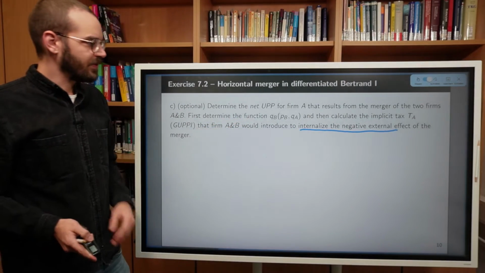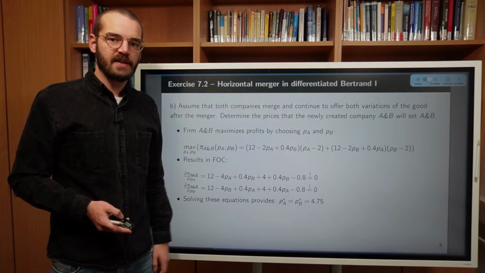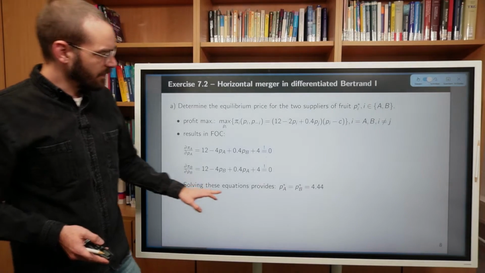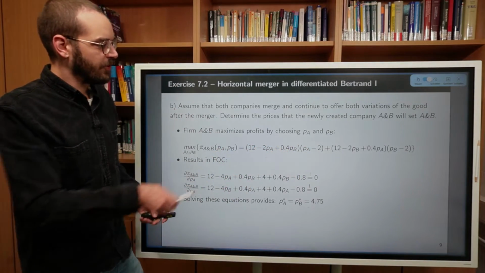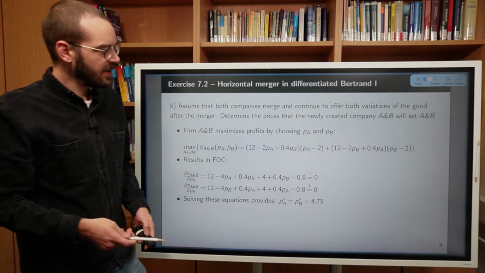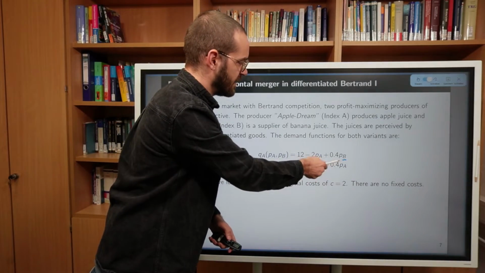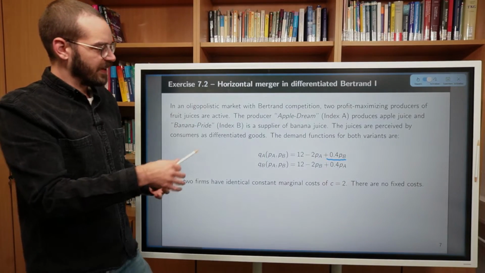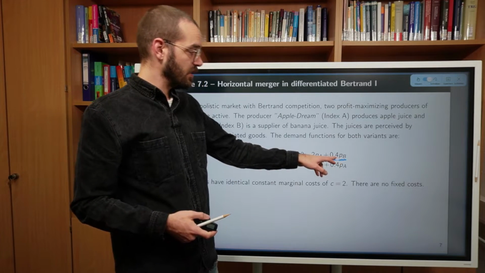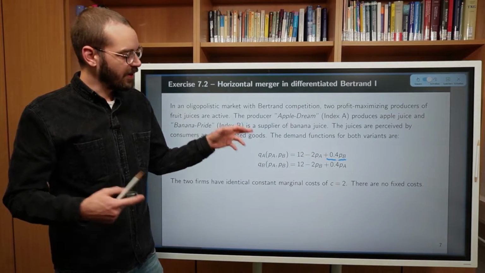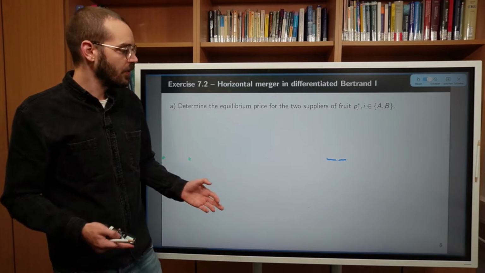This of course refers to the interesting result that we saw in these first two exercises, where we saw that after the merger, simply because of this negative spillover effect that results from the decrease of one good's price, lowering the demand for the other good, this negative externality is then internalized through the merger, right?